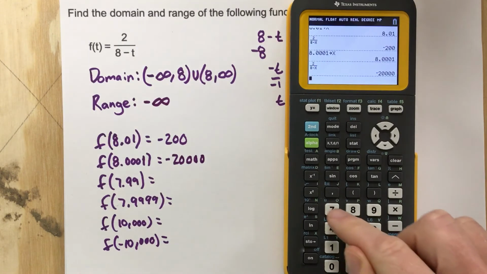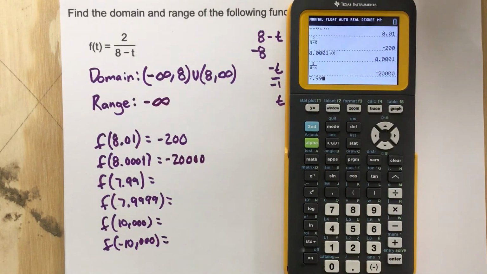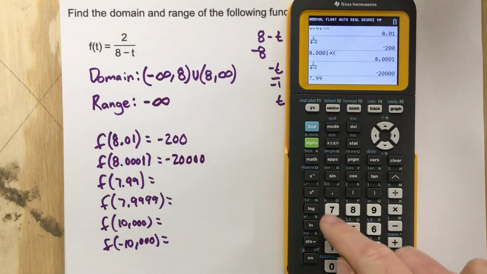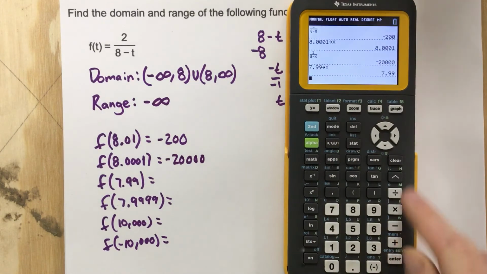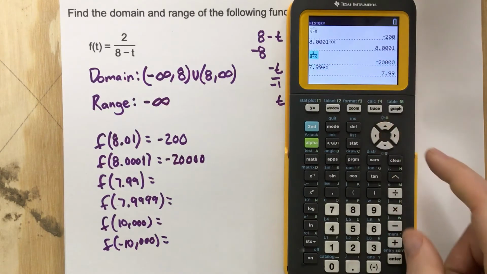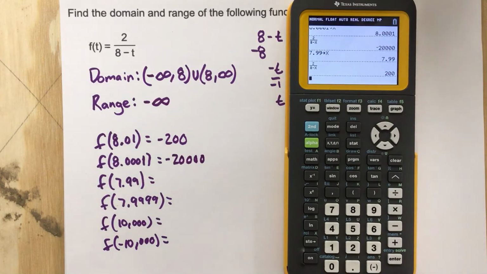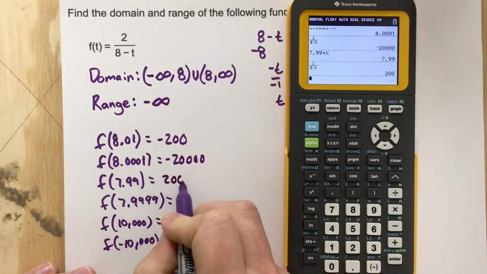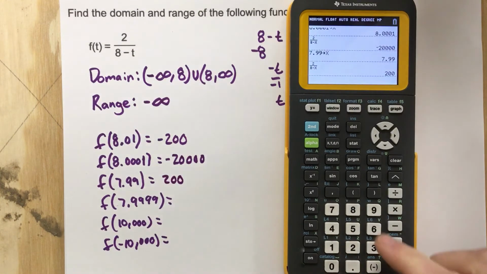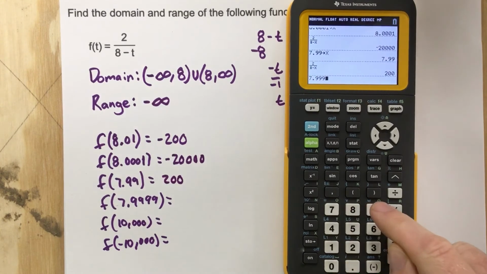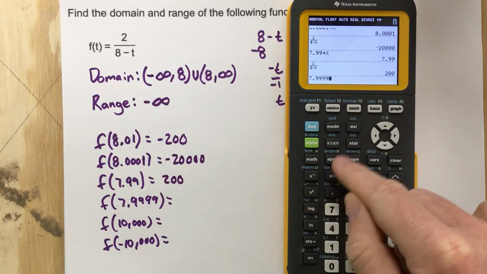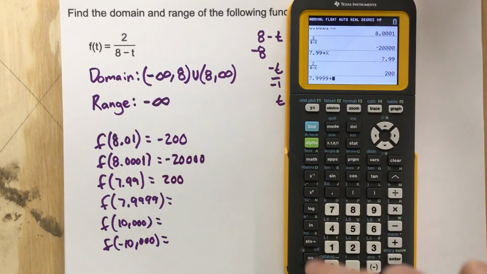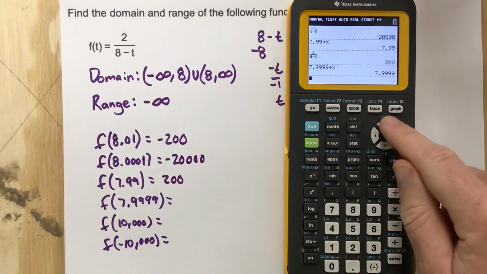Now I'm going to do 7.99, and I'm going to store it as x. Go up and grab the function again. I get 200 for that one, positive though. Now I'm going to do 7.9999, and store that as x.